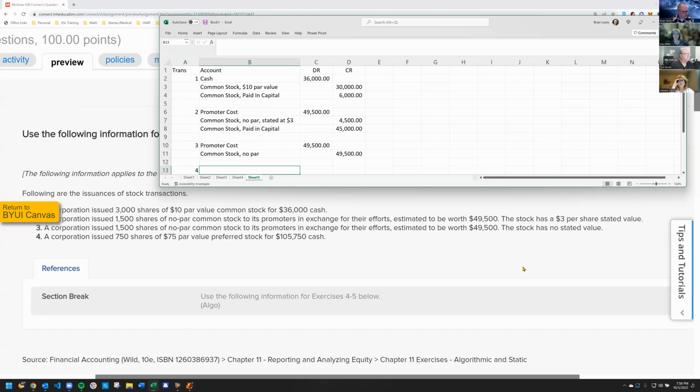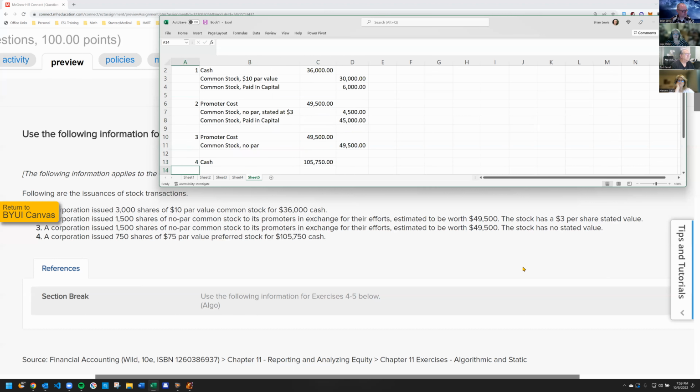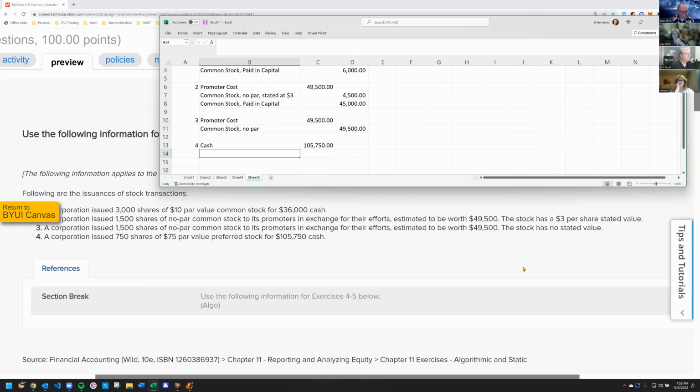And then 4, corporation issued preferred stock. So we're going to go with cash again, because this is 105,750. And issued 750. Let's come over here, plus 750 times 75. So this is preferred stock.